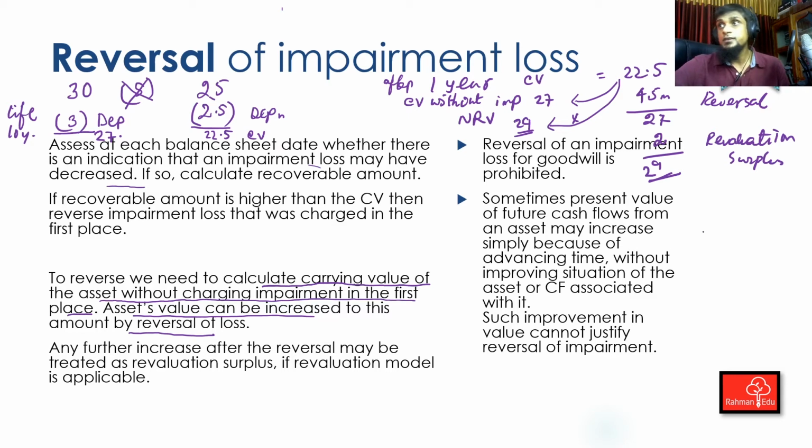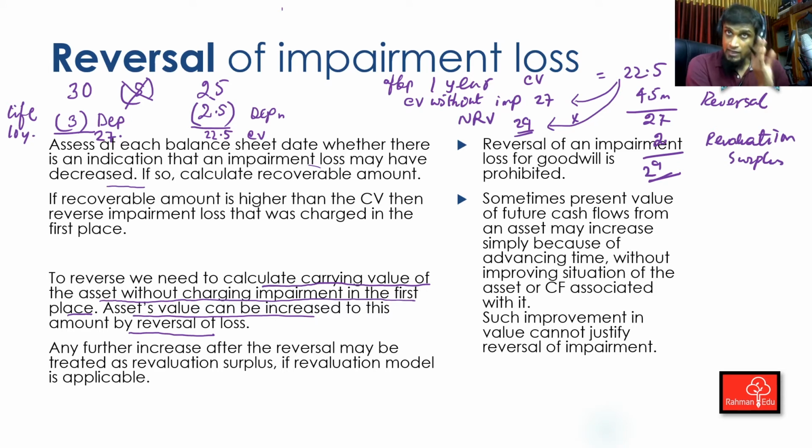It's like you have to take the impairment charge out of the entire equation, correct? Right. So, one year ago, the value started at 30 million, then you take off the impairment, the value becomes 25.